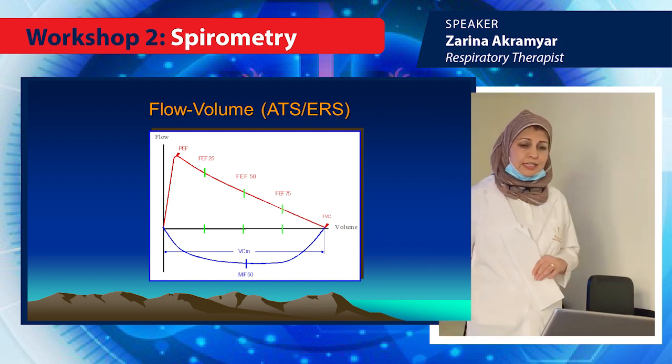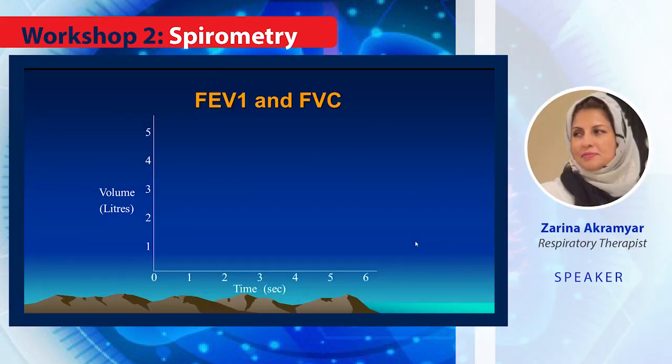Here is a volume-time graph. It's very important, because with this one you can tell the relationship between FVC and FEV1. Let's say we have a patient and we ask him to take a deep breath and blow hard and fast. This is a normal person, time and volume.